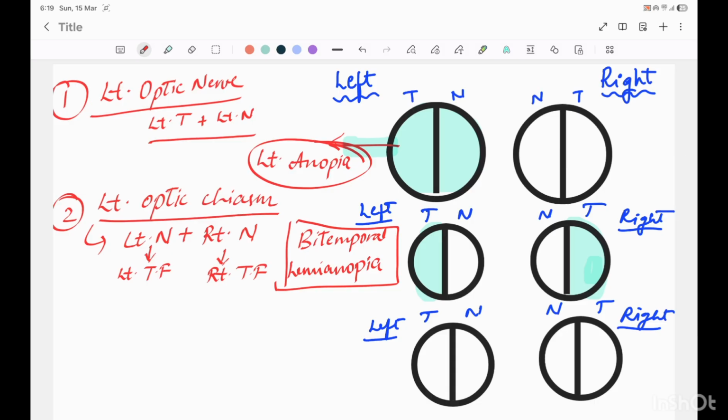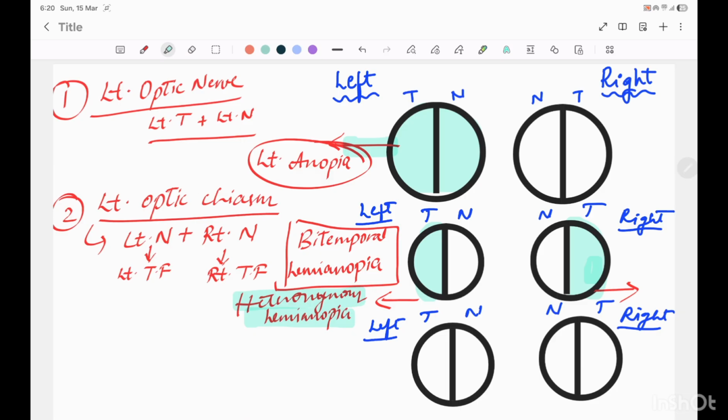Why is this called heteronymous hemianopia? See, this side and this side, that means oppositely the visual fields are lost. That is why this is also called heteronymous hemianopia. Pretty clear? Yeah.